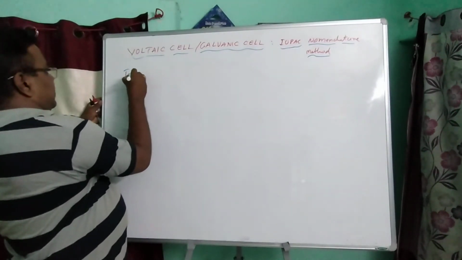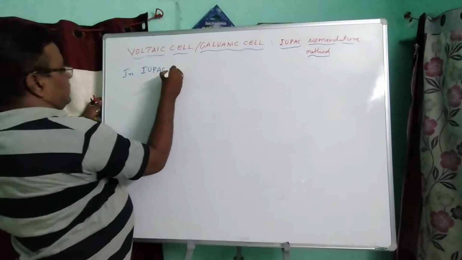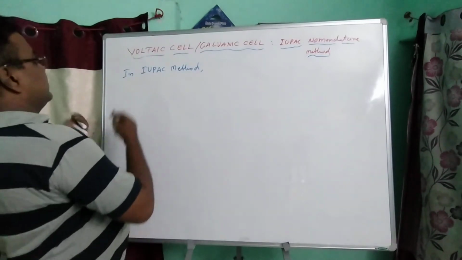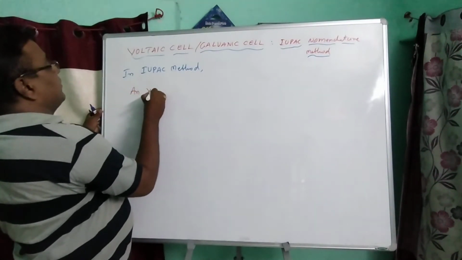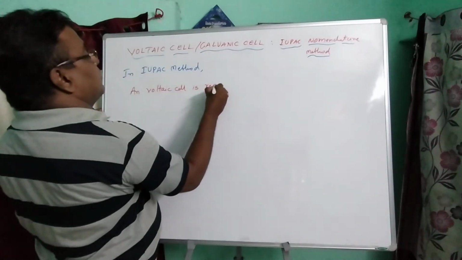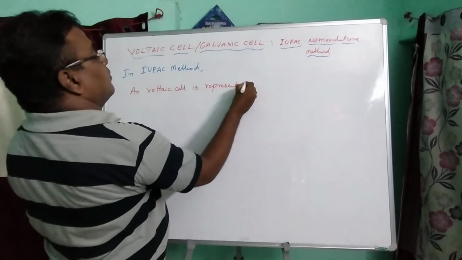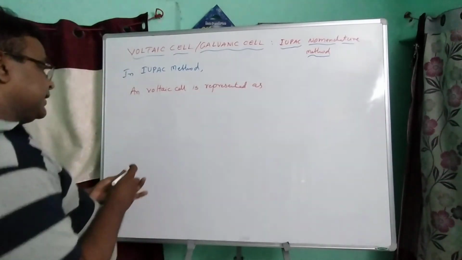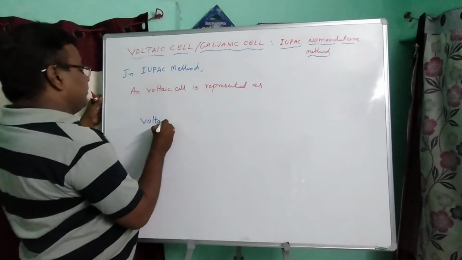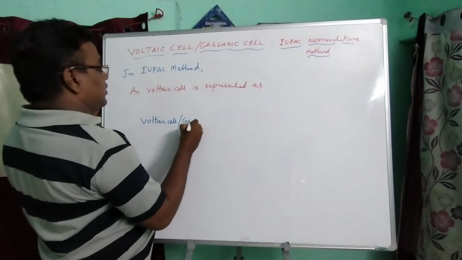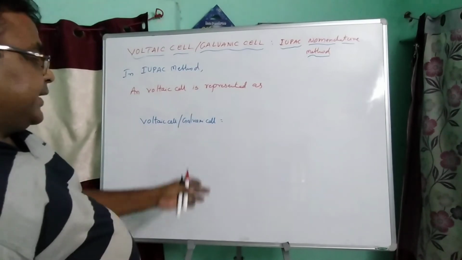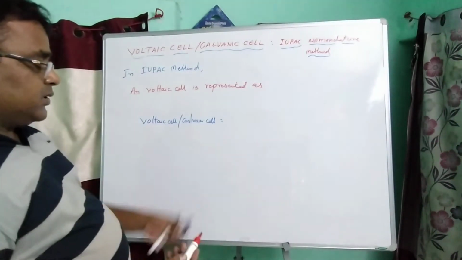In the IUPAC method, a voltaic cell is represented as follows. In a voltaic or galvanic cell there are two half cells.